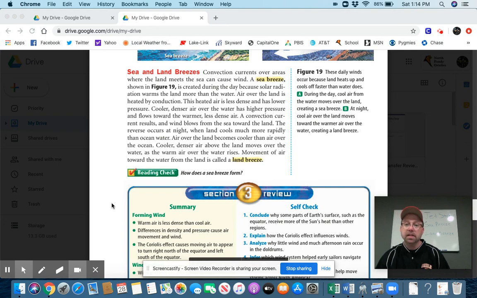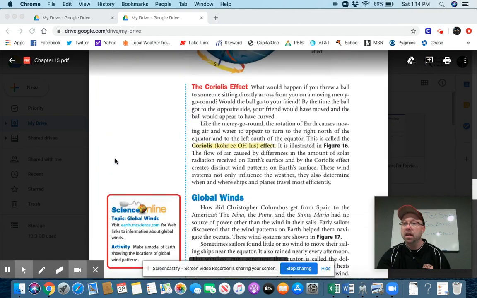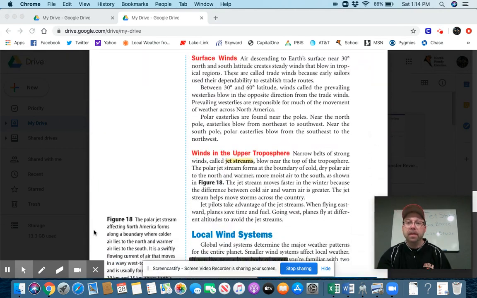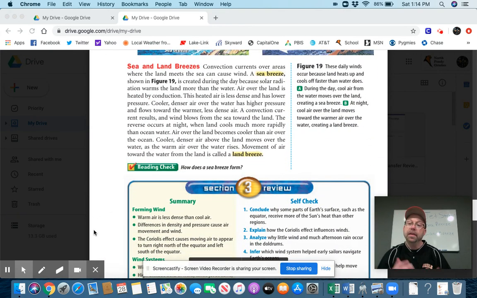Tomorrow's lesson is going to be a quick review, quickish review of the entire chapter. I'm going to go through page by page fairly quickly, and I'm just going to touch on the main important ideas that you needed to have from the atmosphere section.